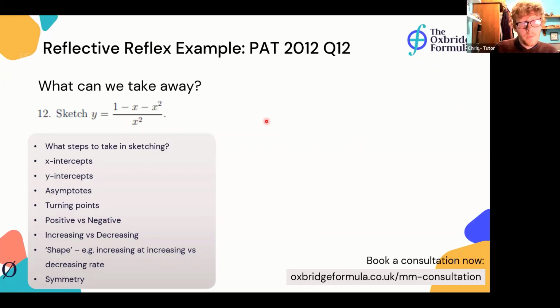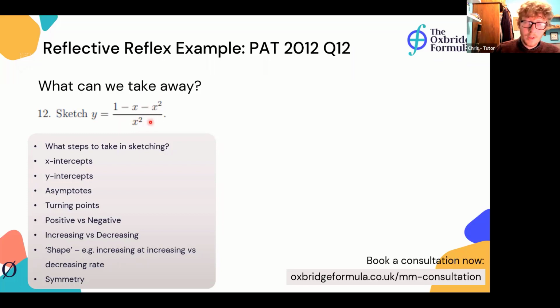Well, what did we do? We sketched this function. Is there anything else that we've learned that we could apply to other types of question? What's the form of the function we sketched? It's basically a quadratic over a quadratic. So one of my first thoughts might be, what if I use different quadratics on the top and the bottom?